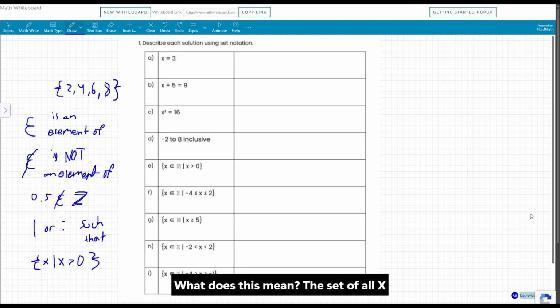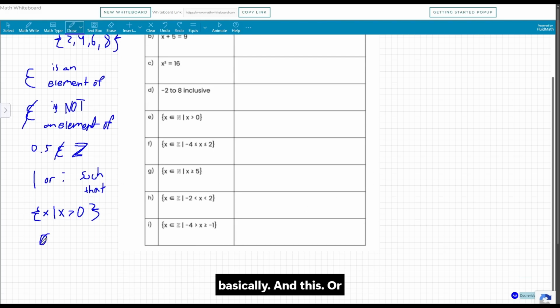The set of all x such that x is greater than 0. So it can be any x, but x must be greater than 0. That's what it means basically. And this, or an empty set like this, just means that a set contains no elements.